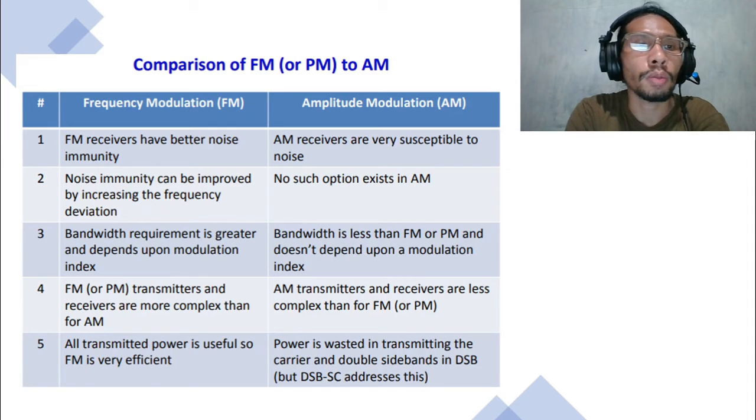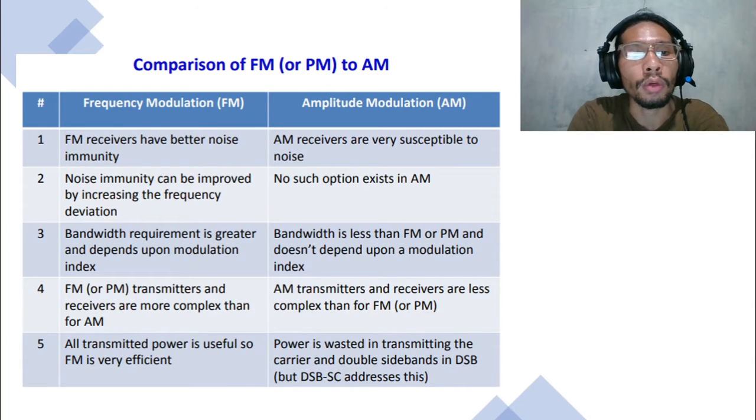The next comparison will be noise immunity can be improved by increasing the frequency deviation, while on AM there is no such option to improve the noise immunity. And the bandwidth requirement is greater and depends upon a modulation index on FM, while the bandwidth is less than FM or PM and doesn't depend upon a modulation index for AM.